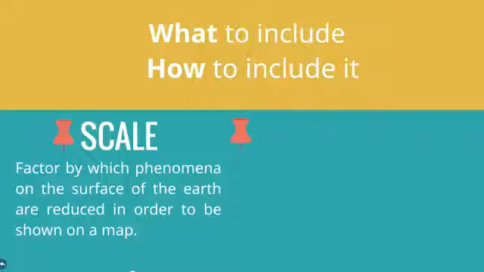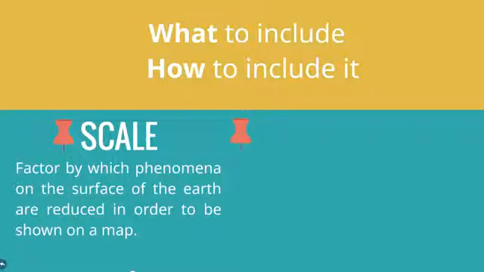For instance, 1 inch equals 1 mile is an expression of scale, or it can be represented mathematically as a ratio, where you have one map unit over a ground unit, or a measure of distance in the real world. So you might see something like 1 over 24,000, which refers to 1 unit on the map being equivalent to 24,000 units on the surface of the Earth.